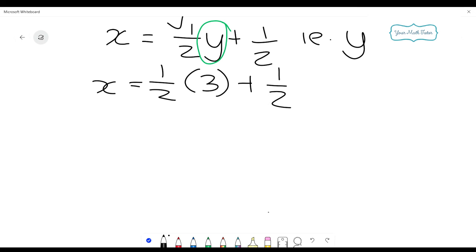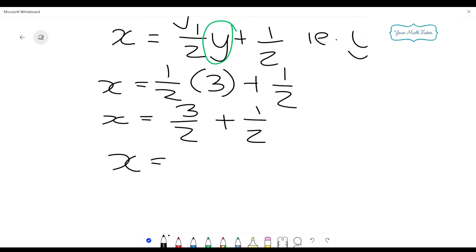Then we'd proceed to say x is equal to 3 over 2 plus 1 over 2. X would then be equal to 4 divided by 2, which then is equal to 2. So for the value of y equals 3, x is equal to 2.